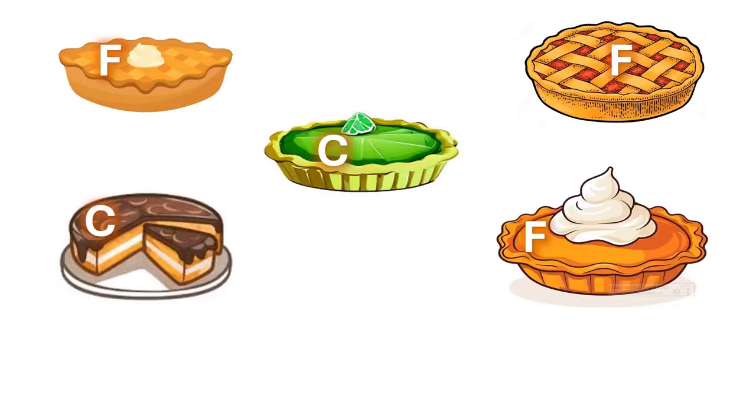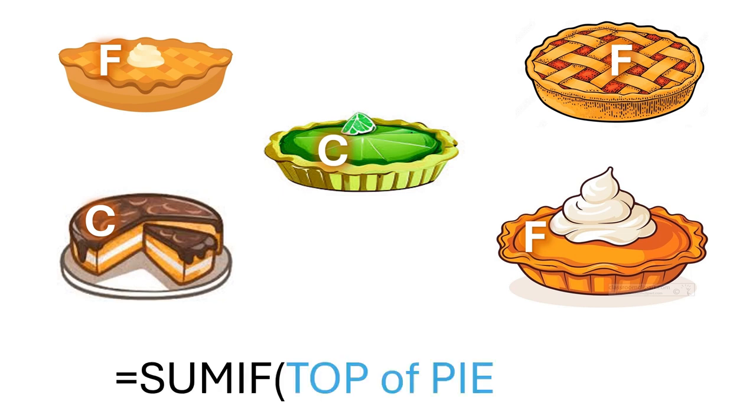We're going to build our spreadsheet so it can give us a total of just certain types of pies, just the fruit pies. We can do this with a special function. Instead of using sum, we are going to use the function SUMIF. Add these things together if they meet a certain criteria. So if we could actually write words in our function, it might look like this.